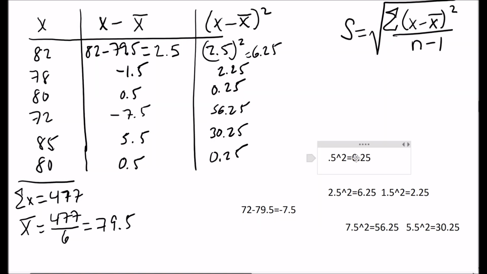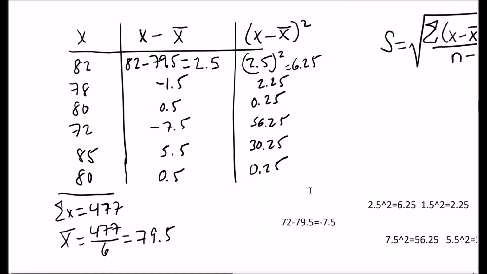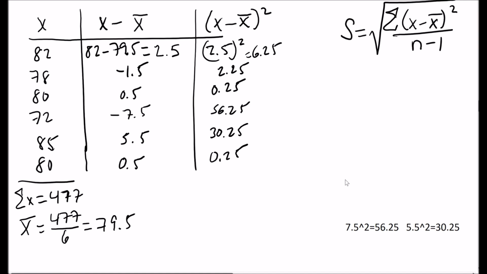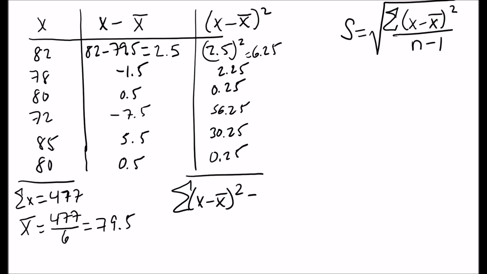Okay, so now we can delete these because we don't need them anymore. All right, now what we're going to do is the sigma. So we're going to add the squares, the sum of x minus x bar squared.